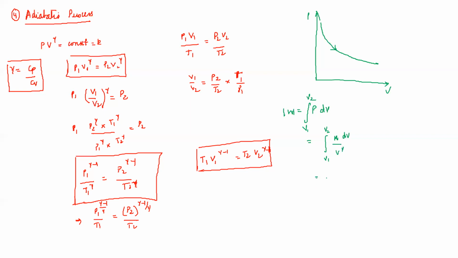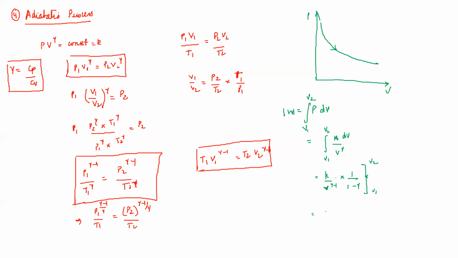When you integrate this, you get K upon V to the power gamma minus 1, into 1 upon 1 minus gamma, and this you have to integrate from V1 to V2.